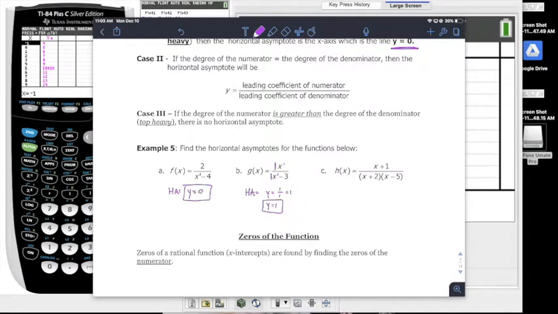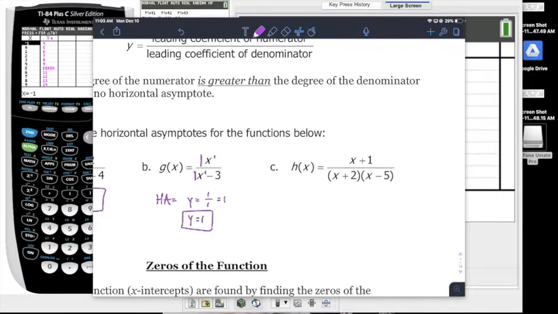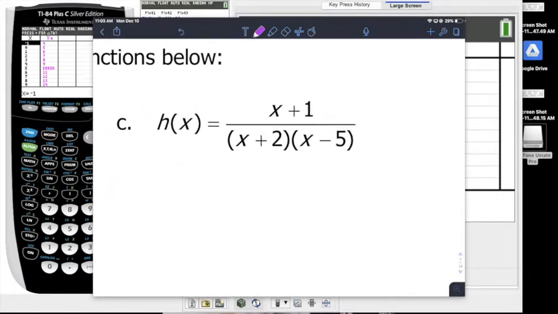And then, if the degree of the numerator is greater than the degree of the denominator, if it's top heavy, then there is no horizontal asymptote. You'll probably get into it in pre-cal, and you might even touch on it in pre-AP algebra 2, but it's essentially like a diagonal asymptote.